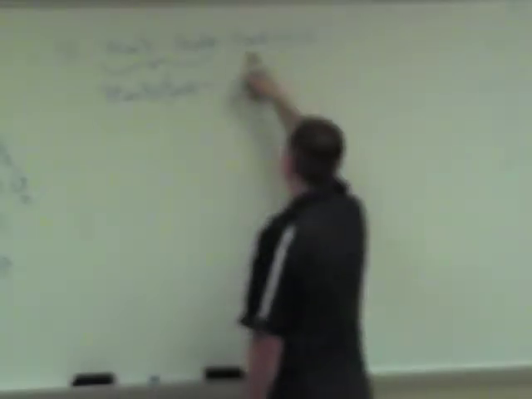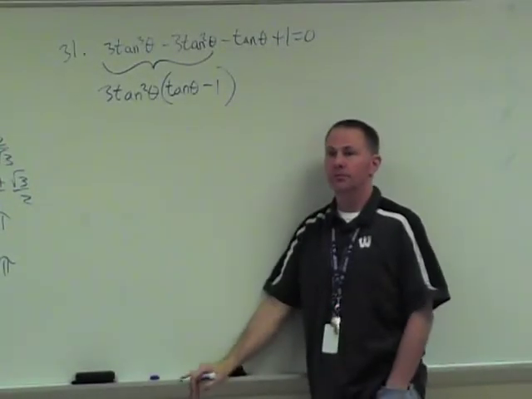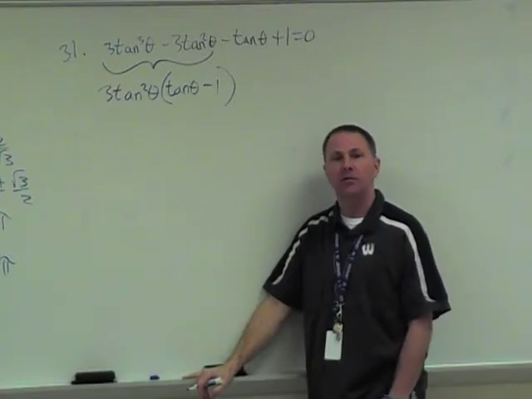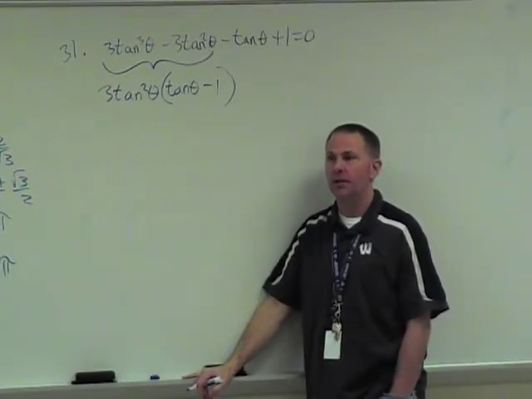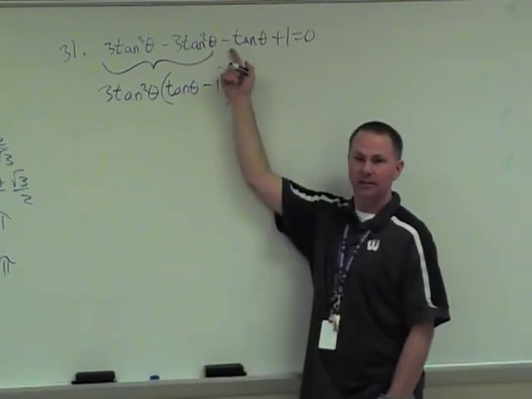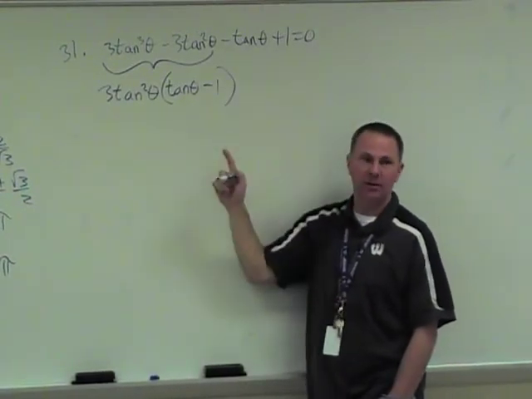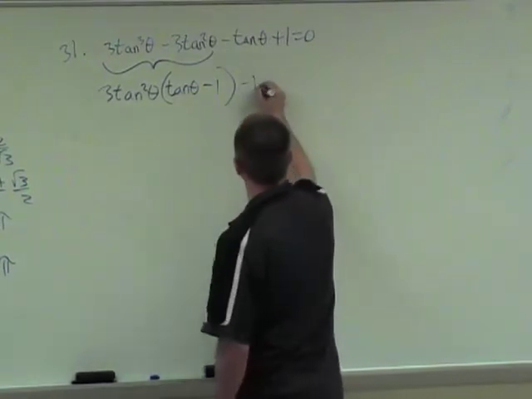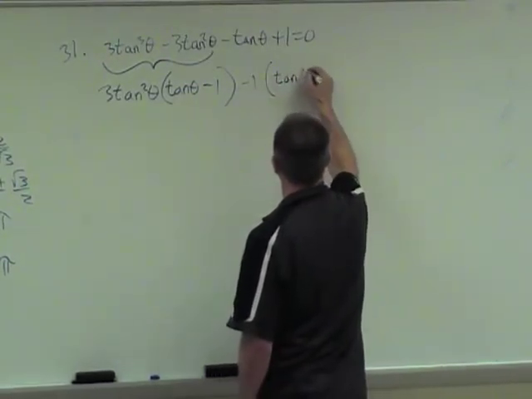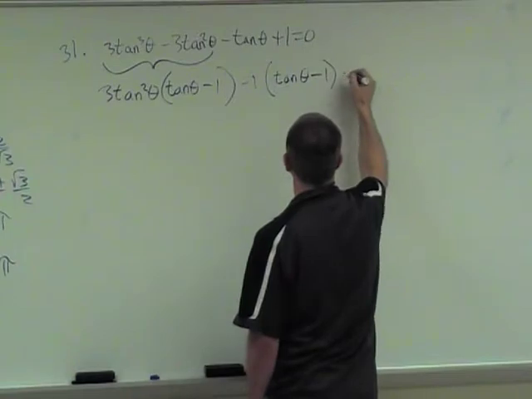Over here, can I factor anything out? Always, at the very least, a 1. And if there's a minus sign in front, factor out a minus 1. I get positive tangent of theta, and then this becomes minus 1.